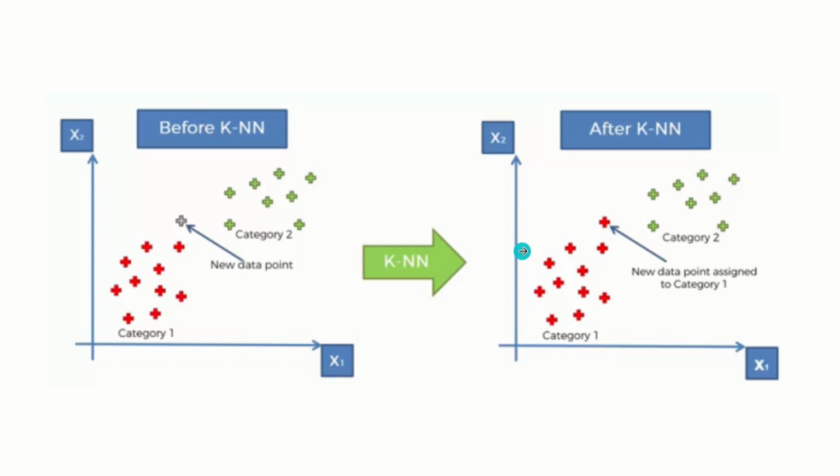So we need to decide with the help of the KNN algorithm whether it belongs to the red one or the green one. Let's see how it works, right?